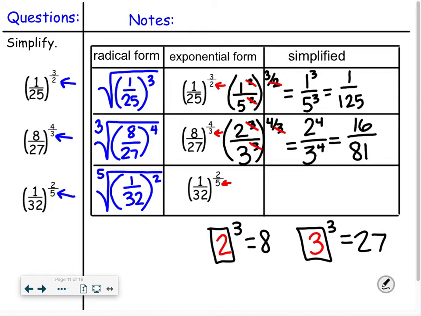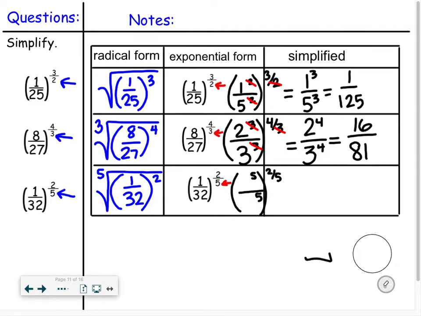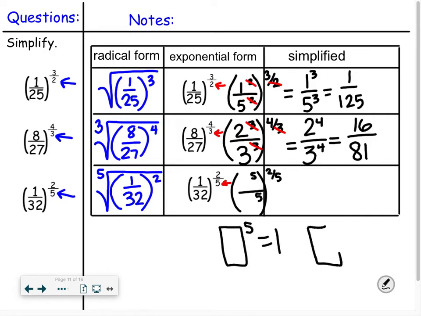All right, last one of these. Now we've got 5's. So 5th power. So down here, something to the 5th power that equals 1. Something to the 5th power that equals 32. 1, it's always going to say 1.